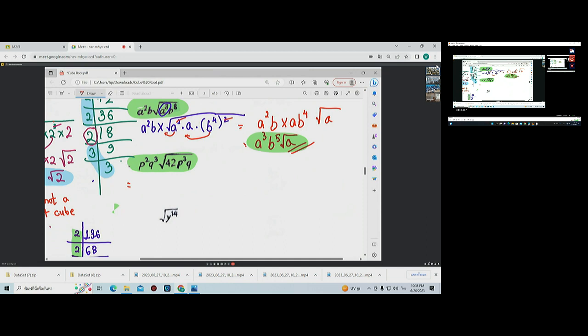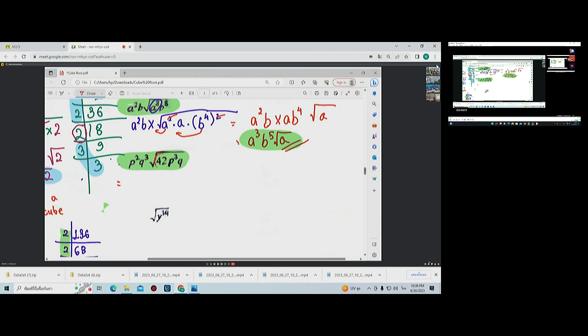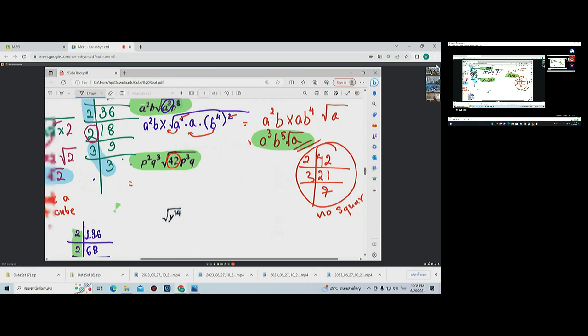Okay, not finished. Look at here. We have 42 here. Yes? So we must factorize 42. 2, 21. Okay, 3, 7. Can you factorize? No, cannot factorize, cannot get a square. Okay, we have no square numbers. Right? No square. So 42 remains 42. Now here, p cube, p square times p times q, right?